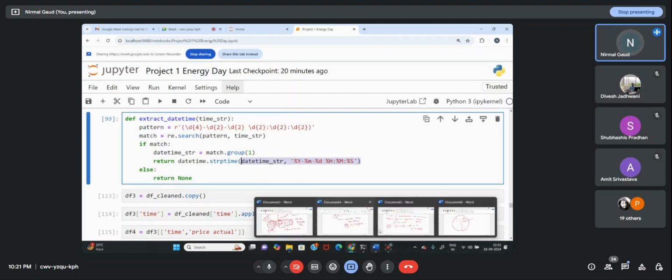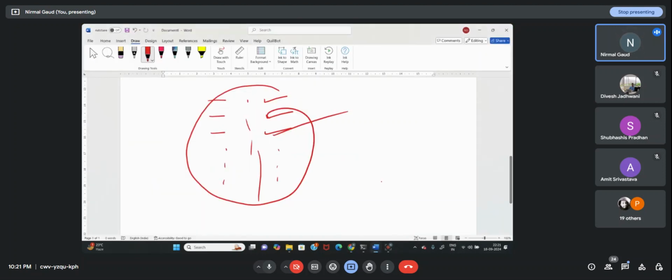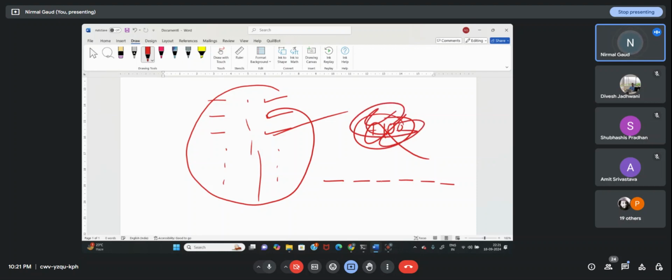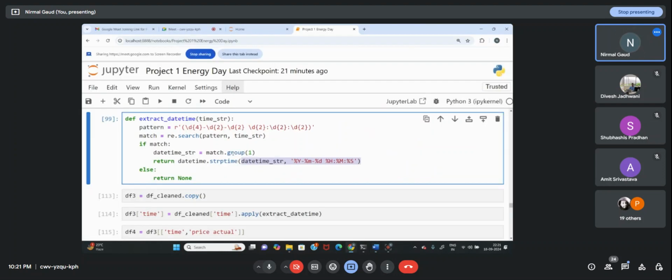In your time you have all these things, along with the UTC time standard. I don't want this. I just want year, month, day, hour, minute, second. That is why I applied a regular expression to fetch all these.